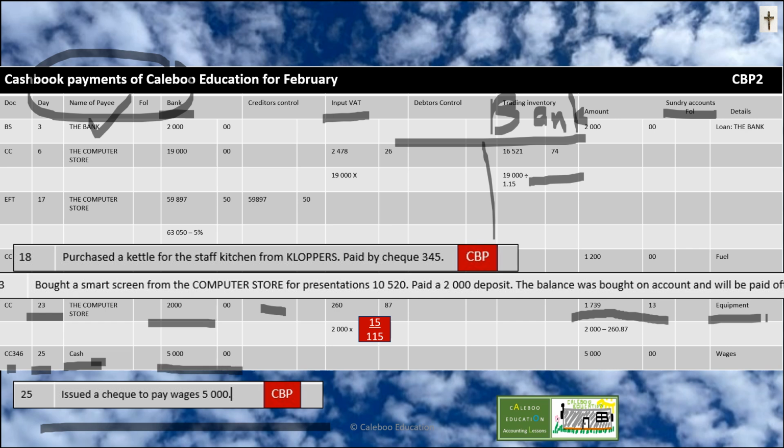The amount is 5,000 under the bank column, and there's no VAT here on a wage. Maybe pay as you earn, some other tax, but no VAT. And under sundry you have 5,000, and under details the name of the contra account to bank, which is wages. So there on the 25th issued a check to pay wages, 5,000.